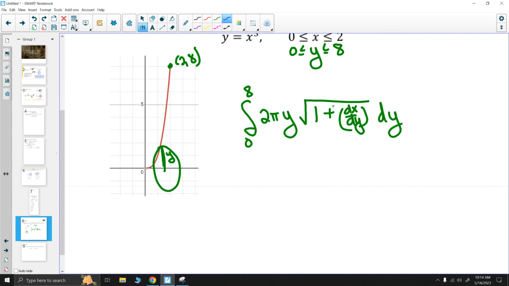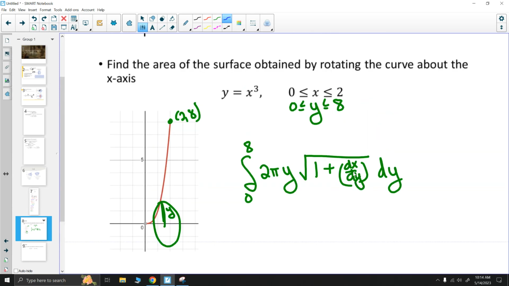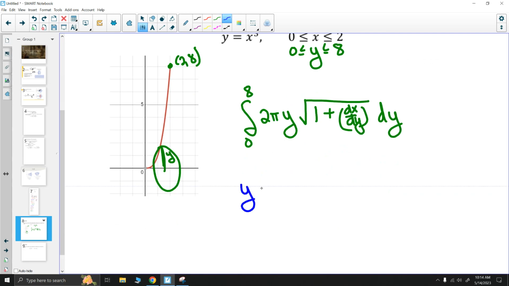So if we plug in what we find our dx dy, we can do this a couple ways. We could just treat it like an implicit derivative, if we differentiate this thing with respect to our y here. So if I say d dy of this thing, then what we end up with is 1 equals 3x squared times dx dy.